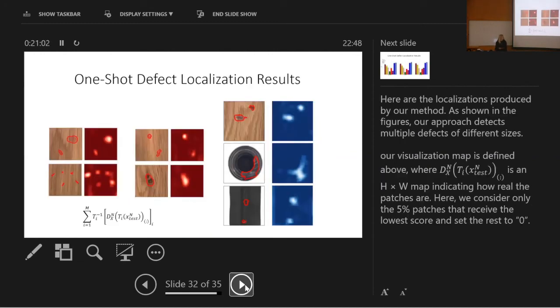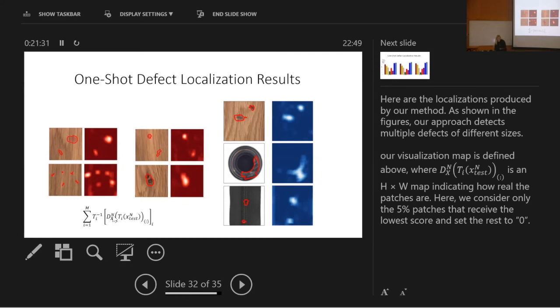And here you can see the localization produced by our method. As shown in the figure, our approach detects multiple defects of different scales. If you want to understand how to visualize these local defects, the visualization map is defined here, where this part is an H times W map, H times W being the size of the original image, indicating how real the patches are.